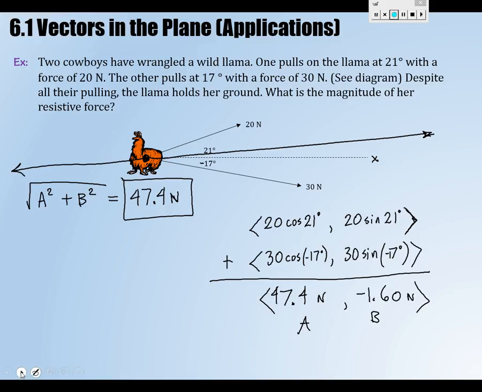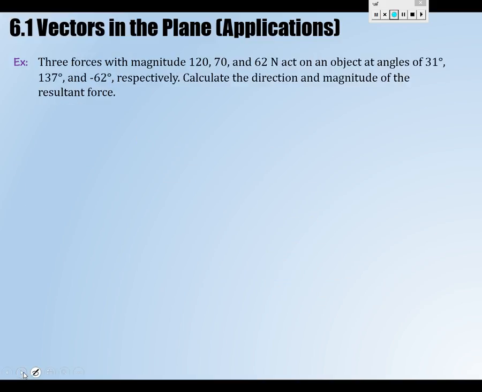Let me just, without even writing, say how you might approach this, because I think there's one in the homework. Can you deal with three forces? These are all in standard position. How are you going to do it? Write out component form for each one.